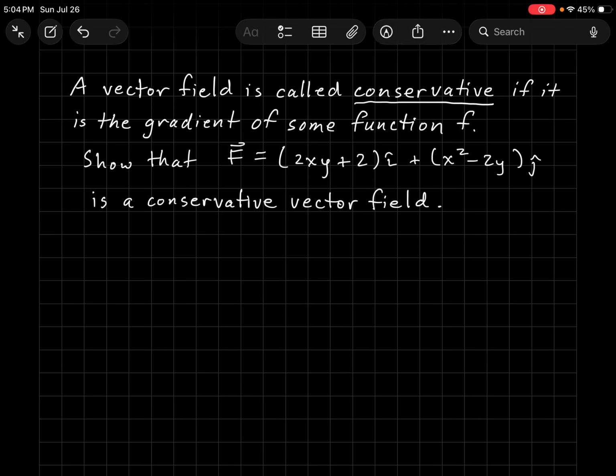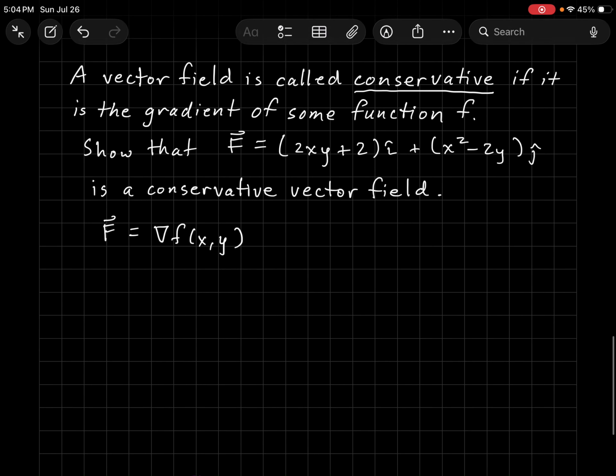Show that the vector field F equals quantity 2xy plus 2 i plus quantity x squared minus 2y j is a conservative vector field. So to do this, we have to show that F is the gradient of some scalar valued function. Now, how can we do this? I'm going to show you one way to do it.